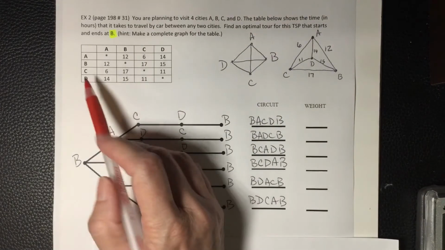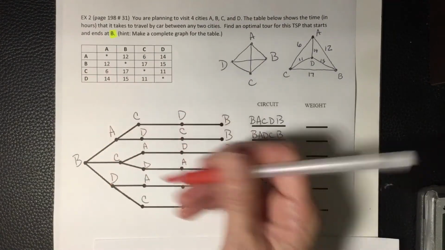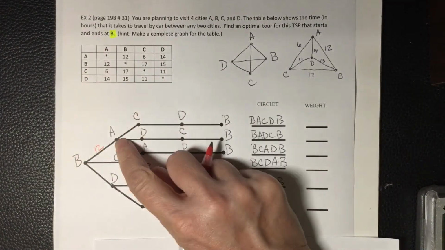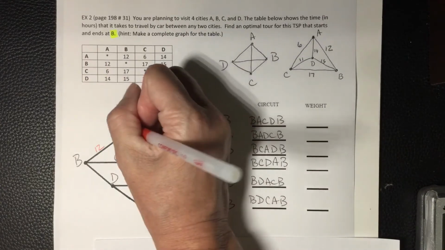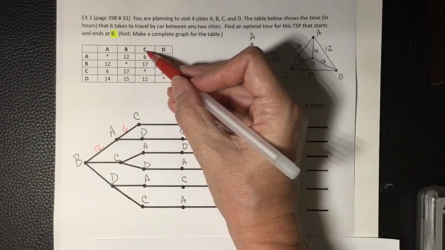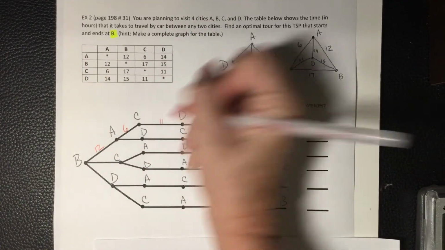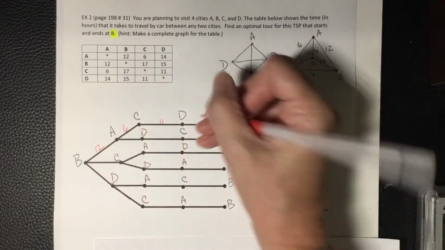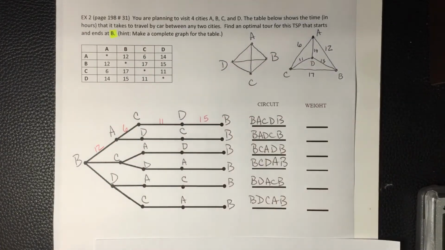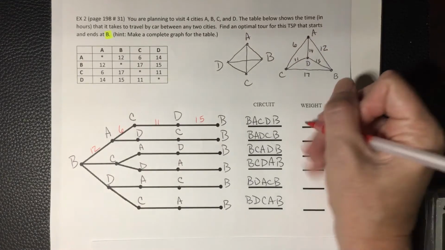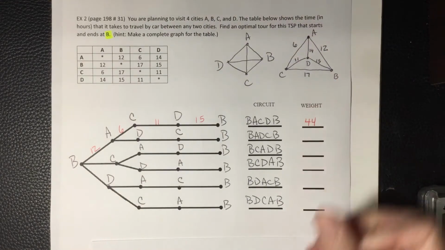I kind of like the table for this. B to A is 12. A to C is 6. C to D is 11. And D to B is 15. So if I add together 12, 6, 11, and 15, I'm getting a weight of 44.